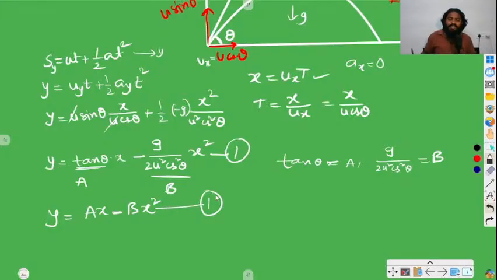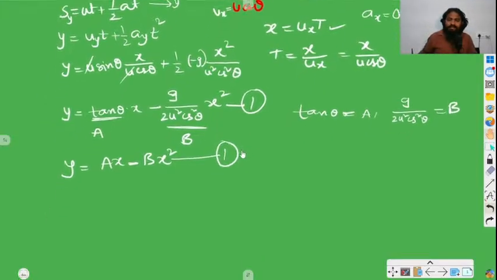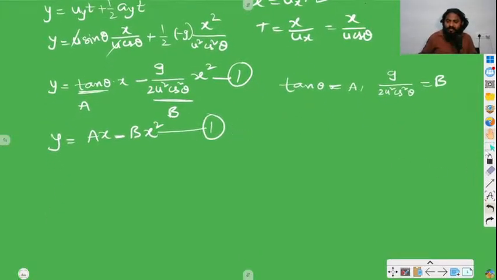On this equation, questions have been asked many times in NEET and JEE Mains and Advanced as well, right? So let me give you one simple question. For example, they have asked a question like y is equal to 8x minus 4x square, then what is the range?